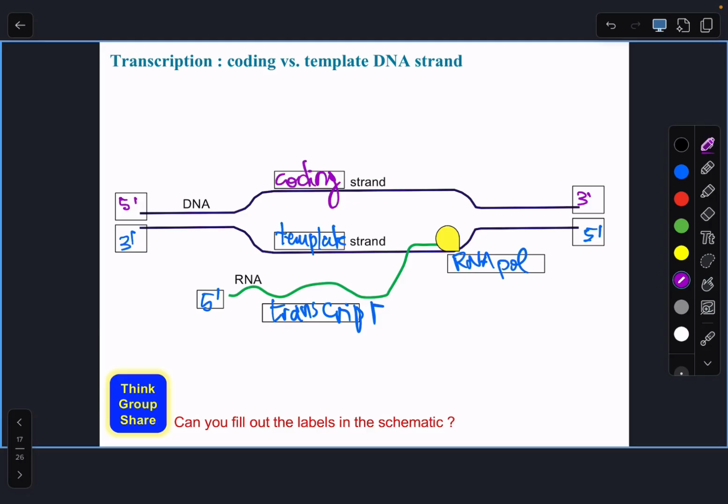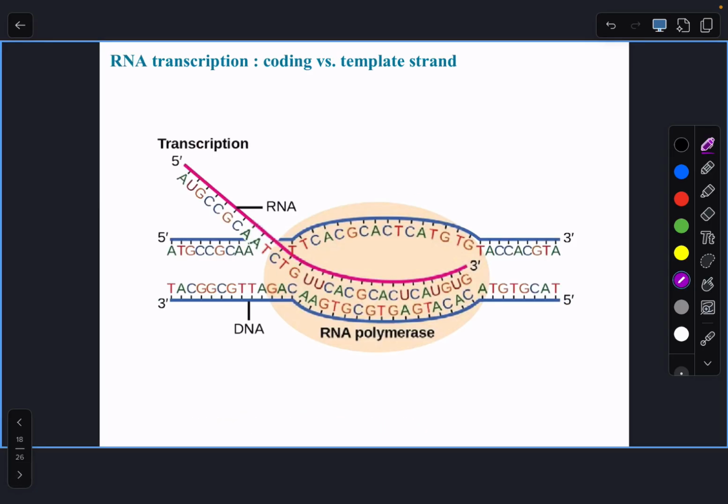So as the yellow RNA polymerase is moving left to right, it's adding new green nucleotides to this growing RNA transcript. So the RNA molecule grows from left to right as the RNA polymerase moves from left to right. So basically it moves through and leaves a trail. That's right, yeah. And in fact, the next slide shows that in a bit more molecular detail.